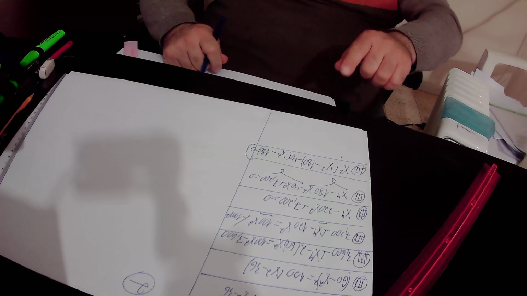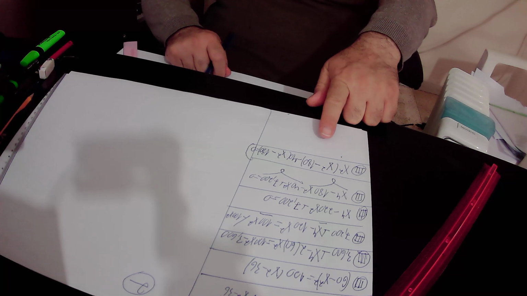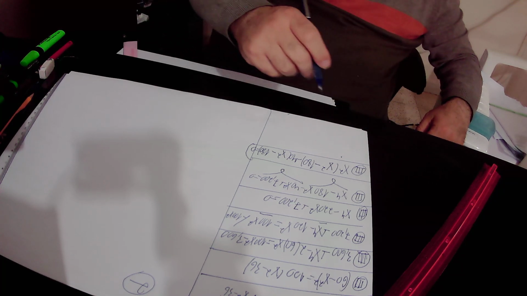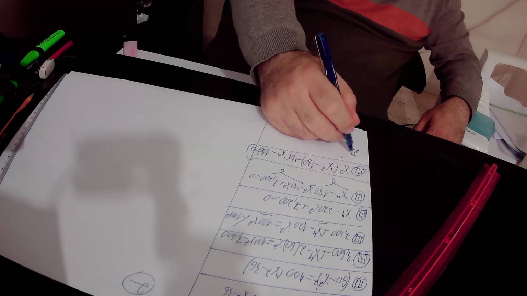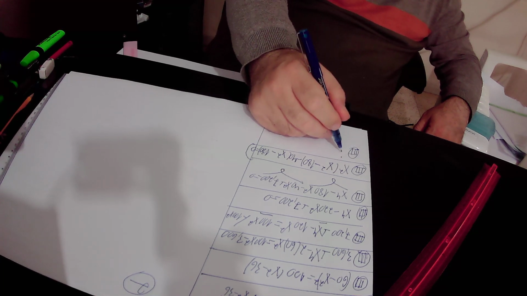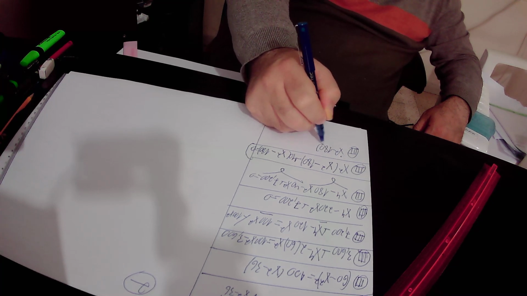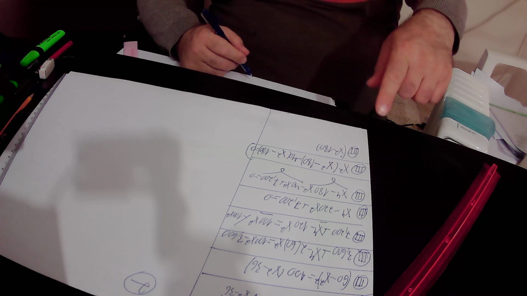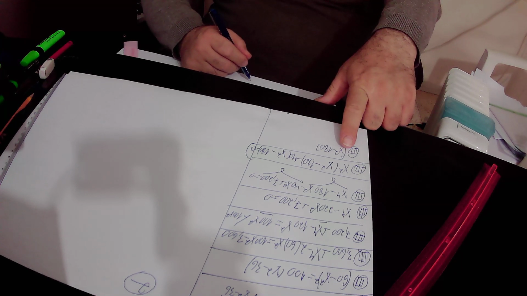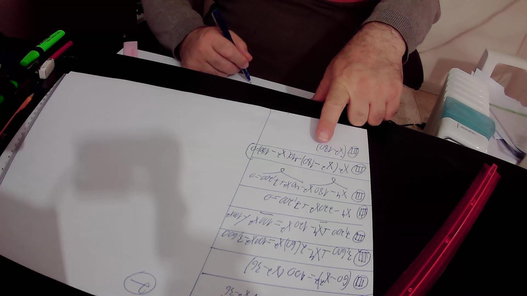Here we will take x squared minus 180 as a common factor out of those two expressions, and we will get that x squared minus 180 is a common factor. What is left from the first expression after we took out x squared minus 180?